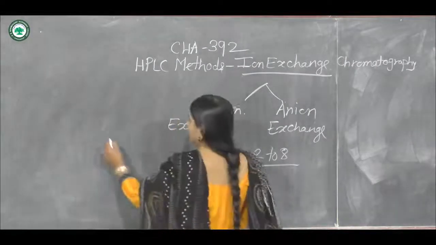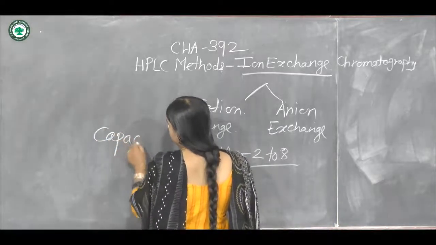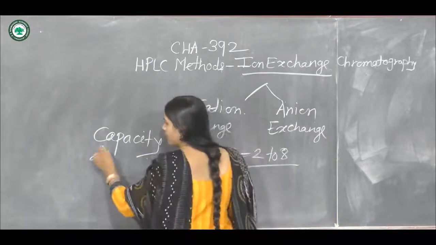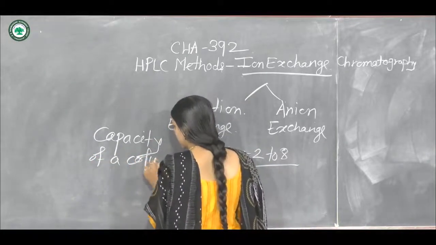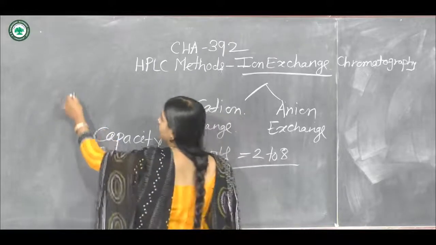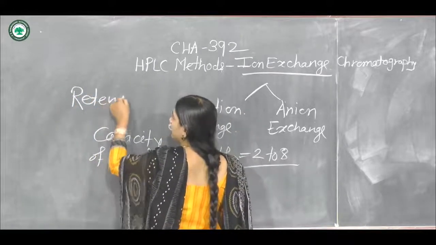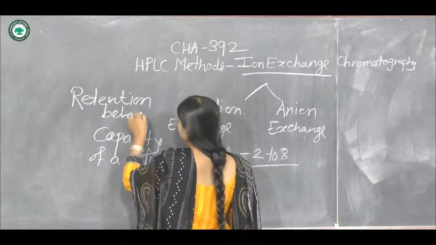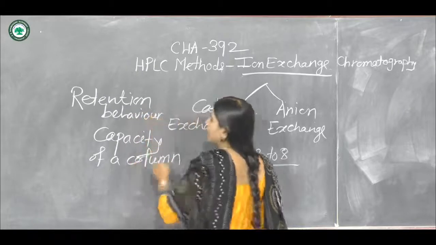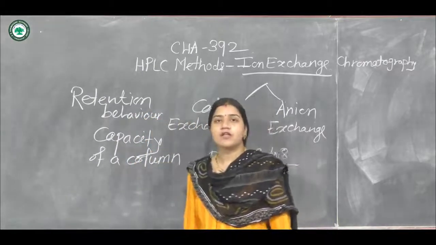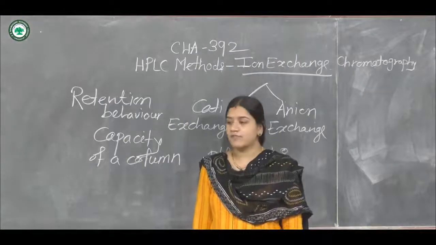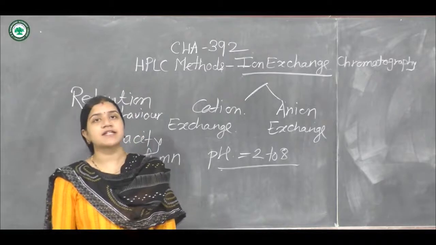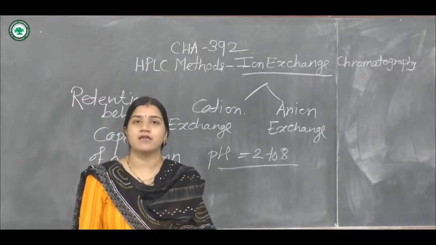First, the capacity of a column or retention behavior is directly affected by the pH, because pH has a direct relationship with the pKa value.